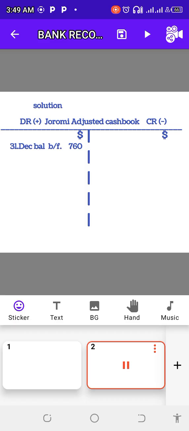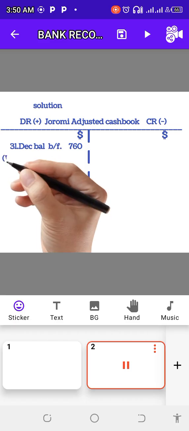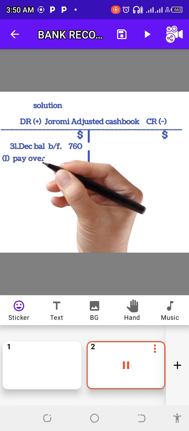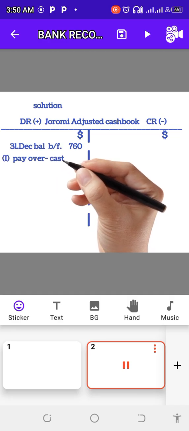An overcast of payment should be returned to the debit side of the adjusted cash book. The overcast payment is 27, which is the difference between 385 and 358, and so it should come back to the debit side as payment overcast. That is item 1, payment overcast. The figure is 27.